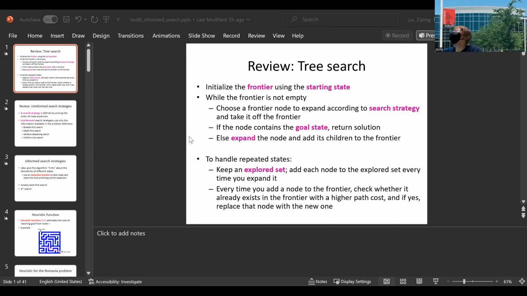So basically, it's the last node you added that you're going to expand. For uniform cost search, which node? It's a priority queue, so you get the highest priority node to expand. So that's why, when you choose a node from the frontier to expand, it depends on the search strategy.